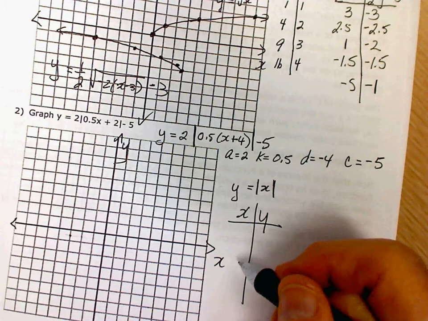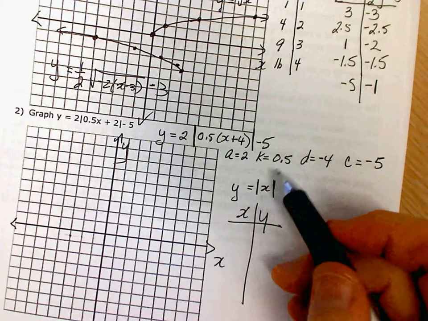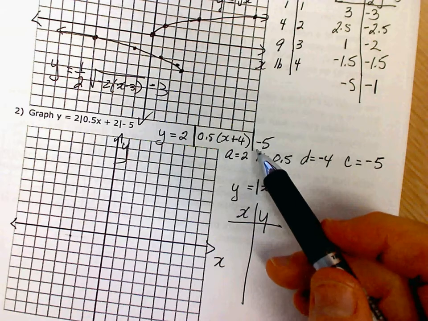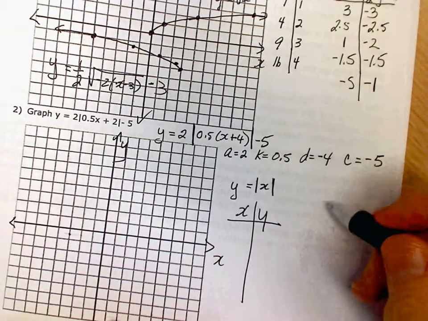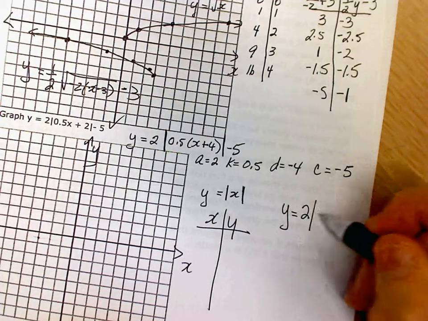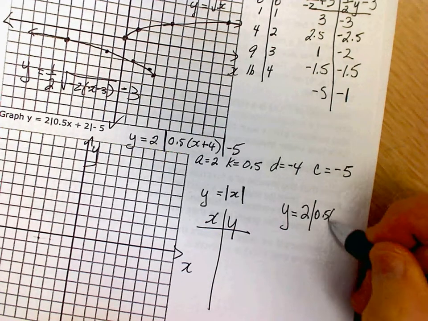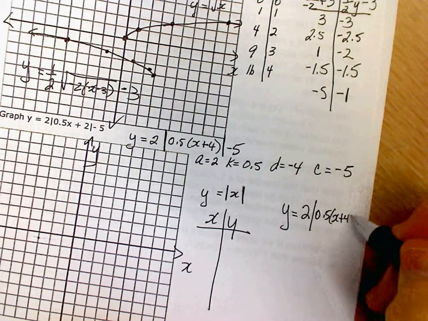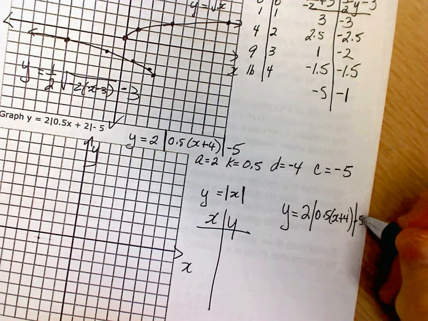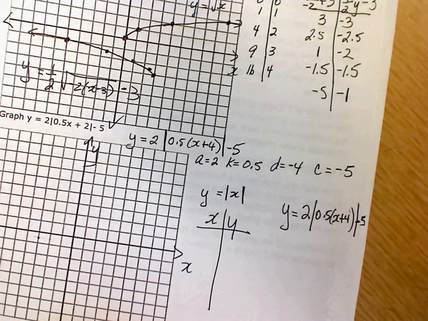Okay, so negative 4, negative 5. That's on the transformed function. We'll get that one over here. Y equals 2 times the absolute value of 0.5. Since we got it, I'm going to write it in our table of values. Sorry, that's a little bit squished there. Hopefully you've spaced yours a little bit better.